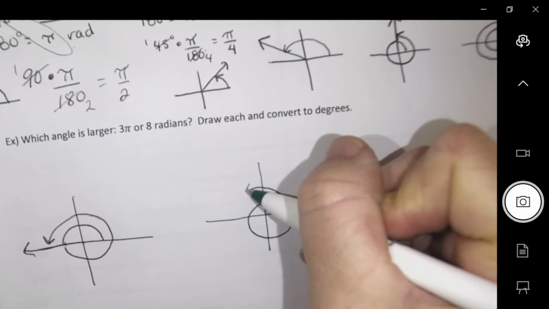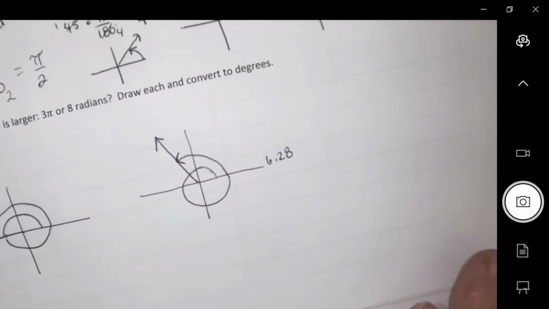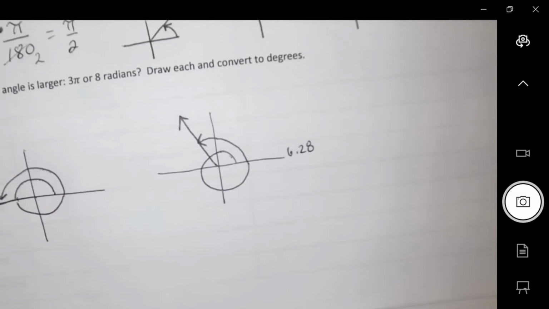So I think I'm going to be going a little past that. So with that, who spun more? 3 pi would have done more spinning. Okay? So that would have been me doing everything with radians.